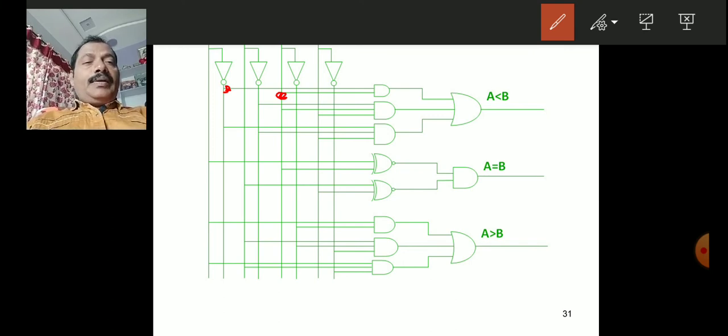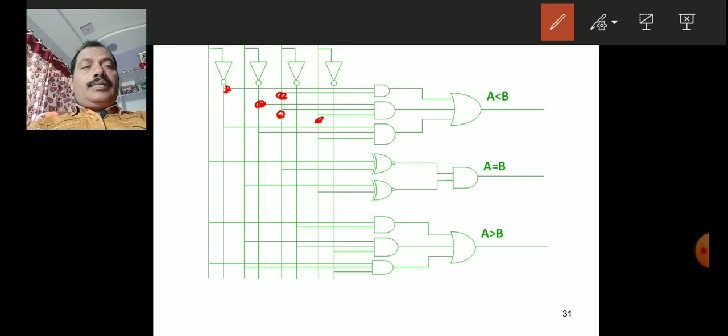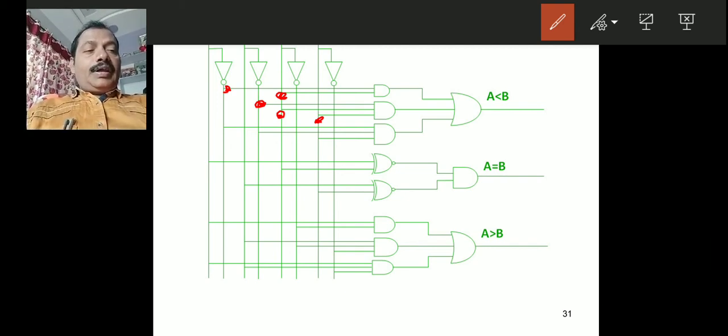Next term. In the next term, A0 bar connected. Next, B1 is connected. Next, B0 connected. Okay. Next, the third AND gate.